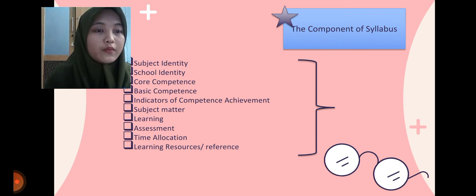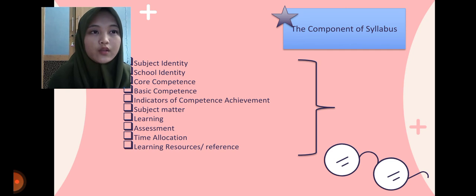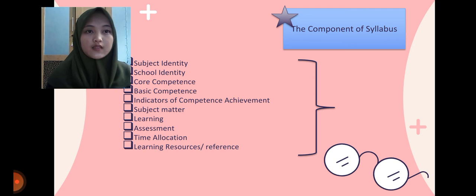This is the component of syllabus. There are 10 components of syllabus. Subject identity contains the title of the subject that will be given to students. School identity contains the name of the education unit and class.